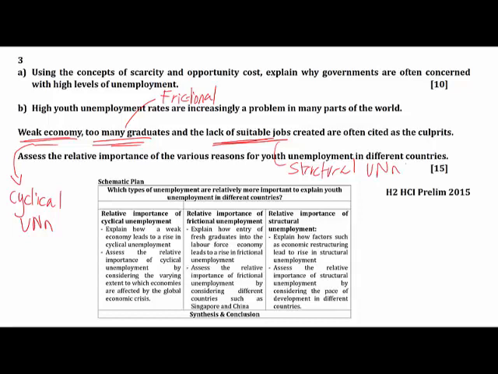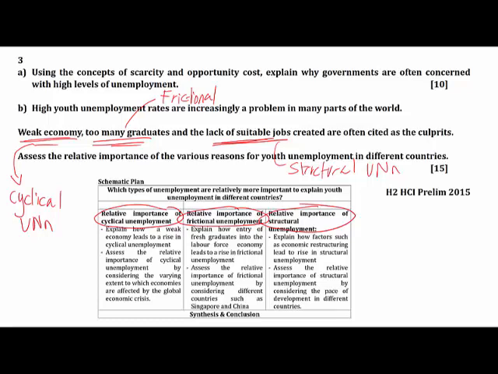And you can see how for this question you need to draw the links between the various causes of unemployment and how, in the real world in the different countries, important these are as reasons for being the cause of youth unemployment in these various countries.